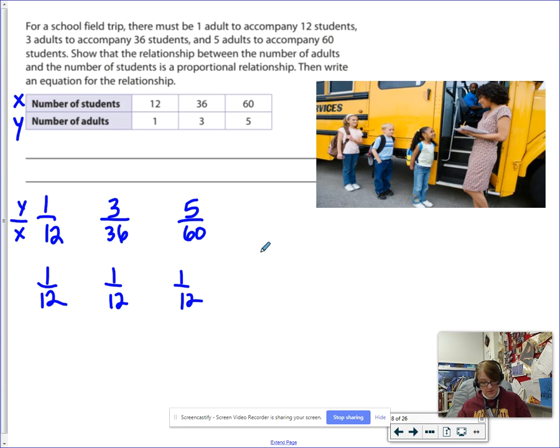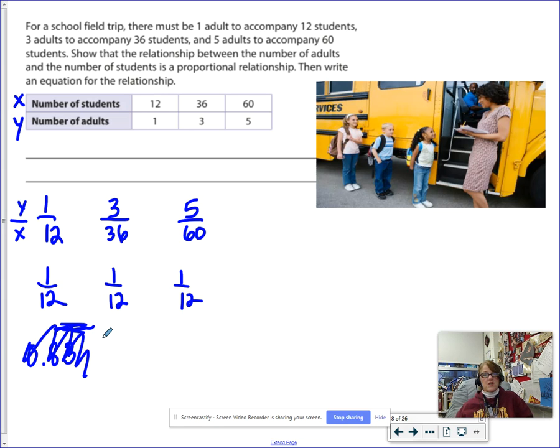You're probably really wanting to put this as a decimal. And it does repeat. I don't know if you can see that with the reflection that we get. But as a decimal, this is 0.083 repeating. Kind of convenient. I got that repeating bar in there. Not the 8, just the 3.